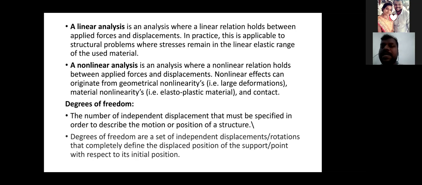Now, for example, again I will take the same example. I have a beam. Let's say here I have a support, here I have a support. One general loading I will take. When I apply a load, this beam is going to bend. Now the beam has bent.